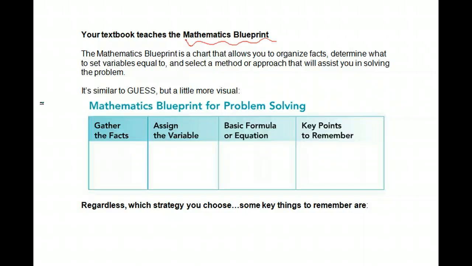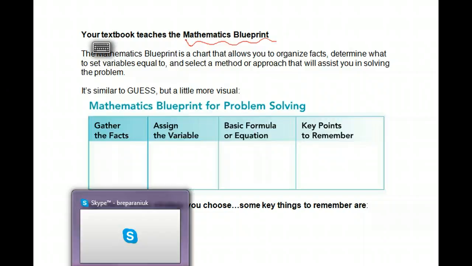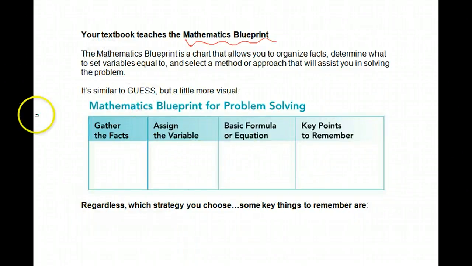It's very similar to the GUESS strategy that I use, but it's just a little bit more visual. If you are a visual learner who requires that type of chart, you might prefer the mathematics blueprint because it helps you organize your information into that chart. Whichever strategy you choose, just some important things to remember are the following.